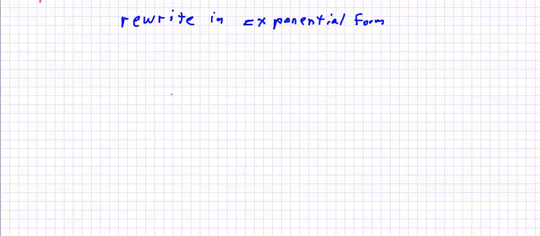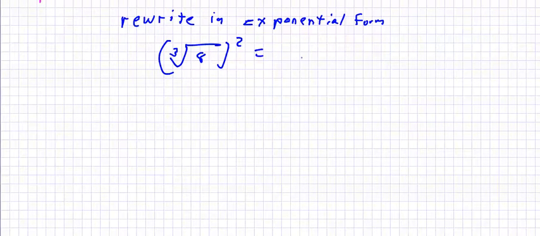So we have the cube root of 8 squared. Our base is 8, the root is 3, and the exponent is 2. That's it.